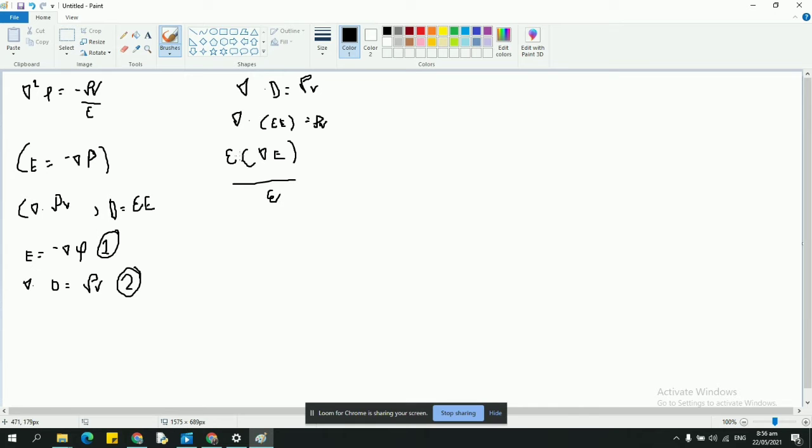So we get epsilon del electric field over epsilon equals volume charge density over epsilon, and get del electric field is equal to the volume charge density over epsilon.